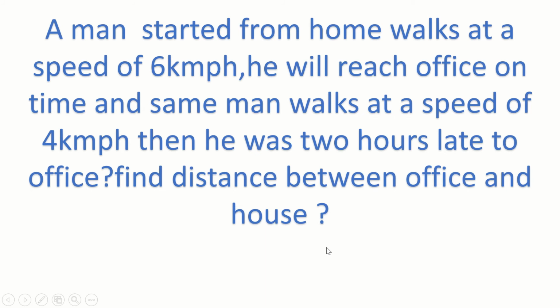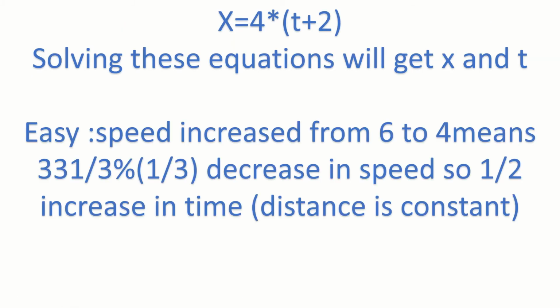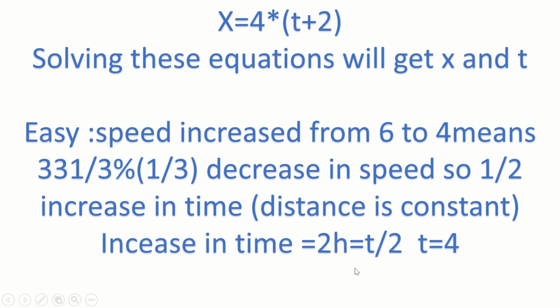So 1 by 2 increase means this 2 hours. This 2 hours is equal to 1 by 2 increase, which means t by 2 is equal to 2 hours. So the total time is 4 hours. So the time he had taken is 4 hours.